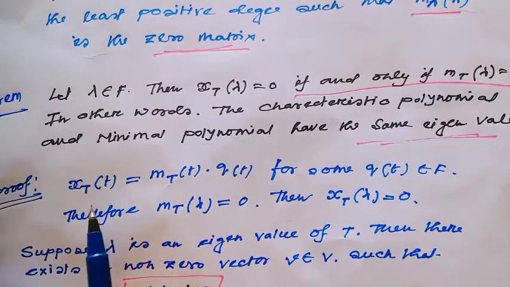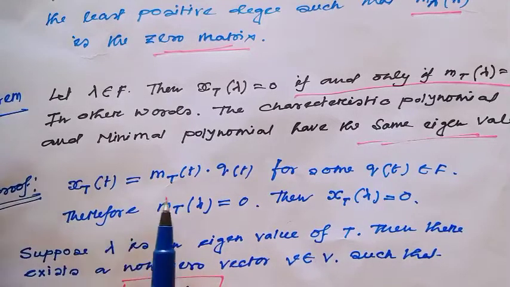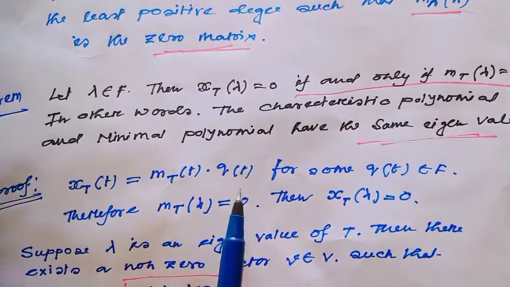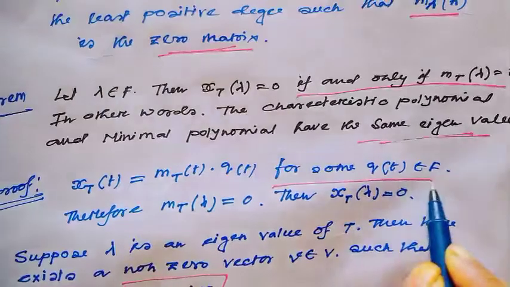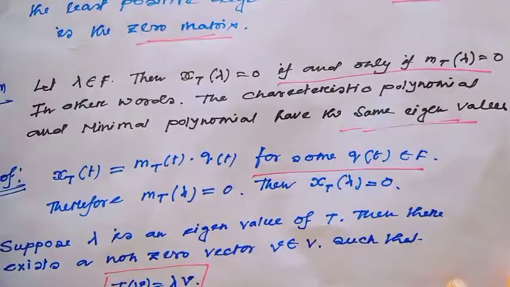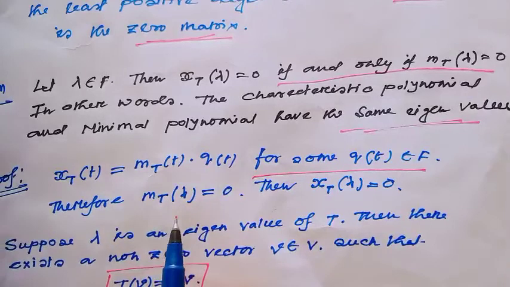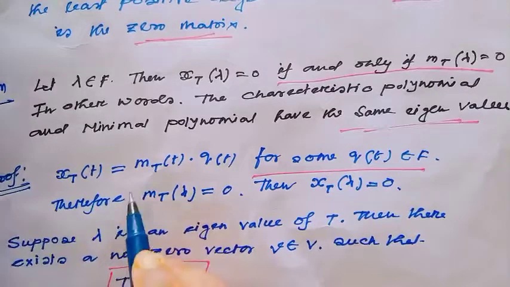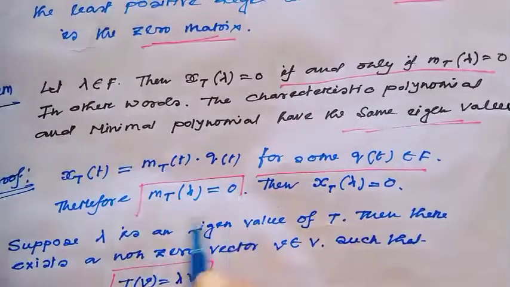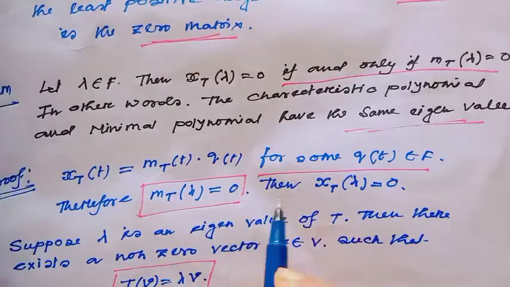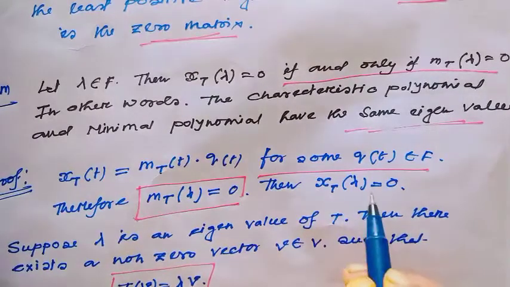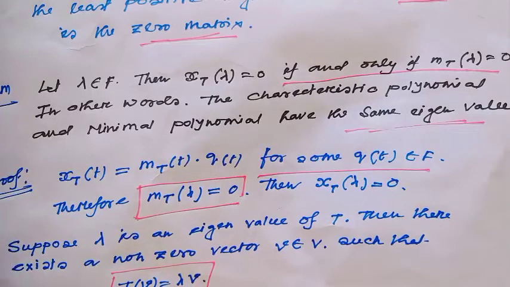Then the characteristic polynomial of T equals m_T(t) times q(t), for some q(t) in the field F. Therefore, if m_T(lambda) equals 0, then obviously chi_T(lambda) equals 0.